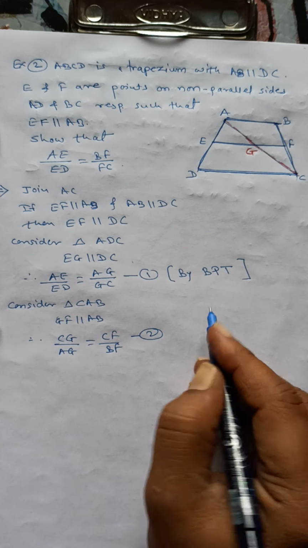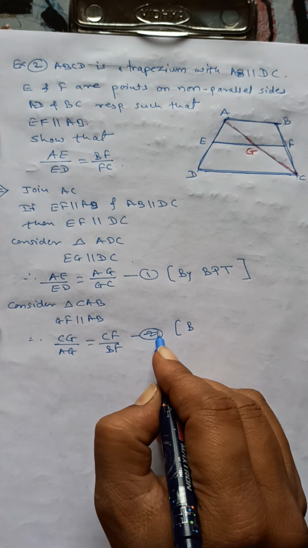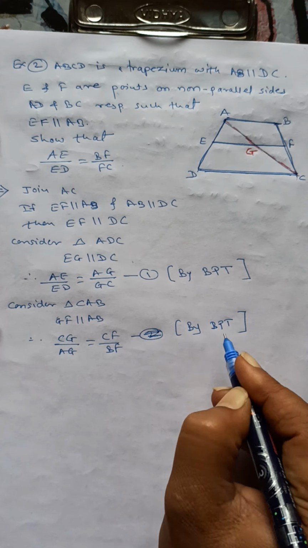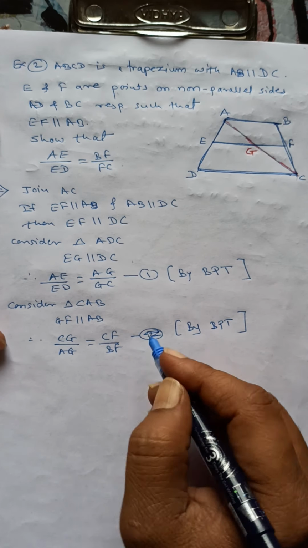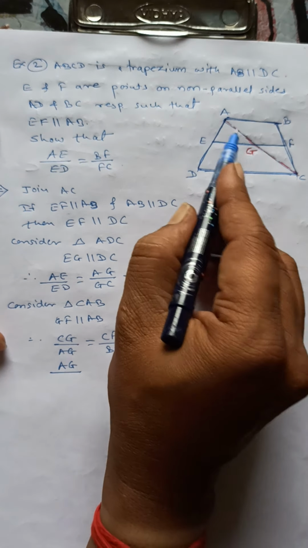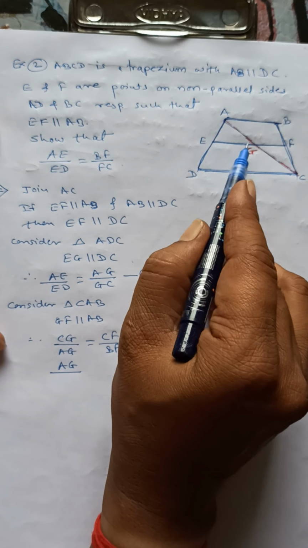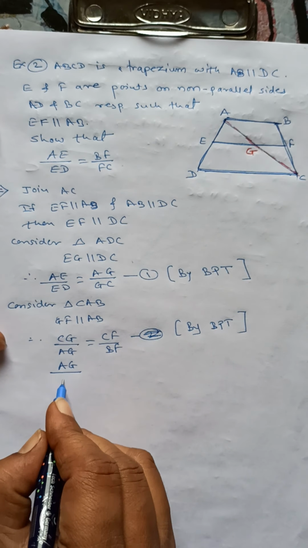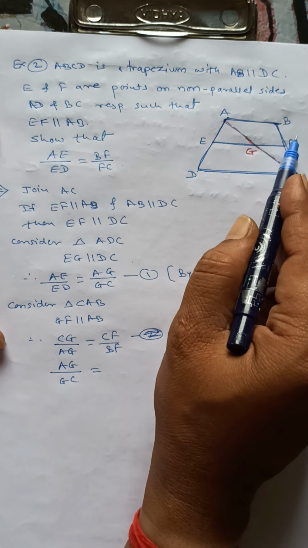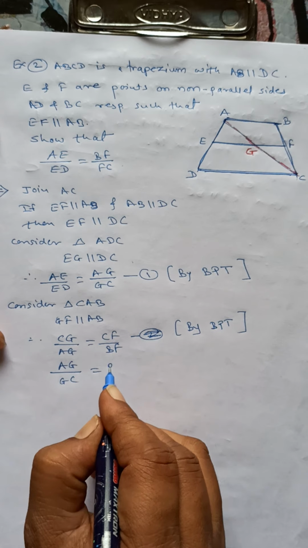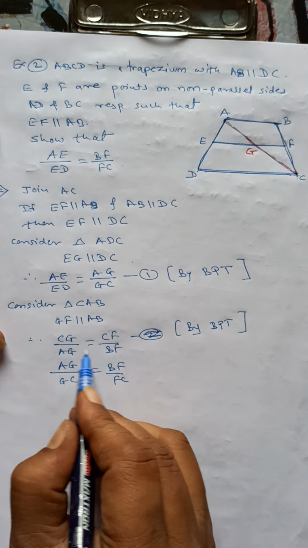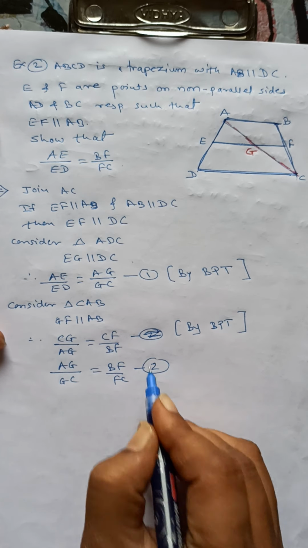This is equation number 2, by the basic proportionality theorem. Now I'll take the reverse of the ratio: instead of CG upon AG, I'll take AG upon GC is equal to BF upon FC, the reverse of this ratio. This is equation number 2.